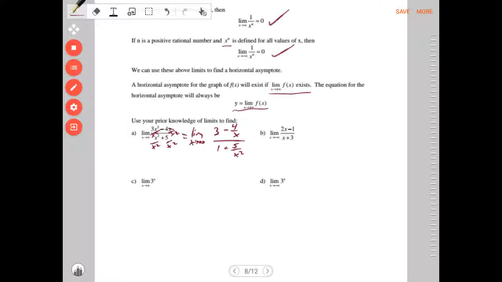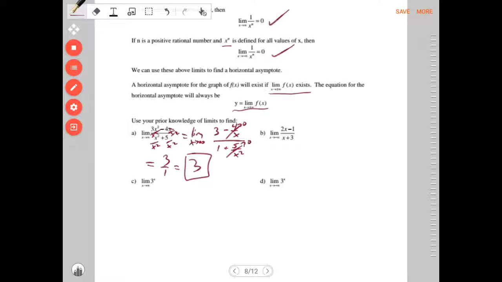Now remember, as x approaches infinity, 4 divided by infinity is pretty close to 0. So that's 0, and this one is really 0 because it's infinity squared. So this just equals 3 over 1, which is just 3. So that limit is going to be our horizontal asymptote.